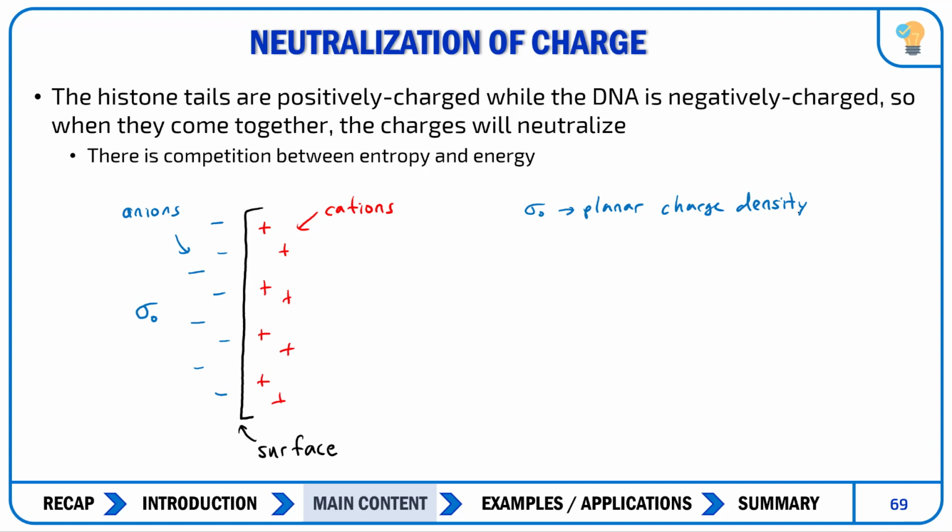So depending on the way you look at this, if there are many negative charges for the DNA side of things, then for the histone side of things, we want some sort of C, where C is equal to the density of counter ions, which would be the cations to the anions.